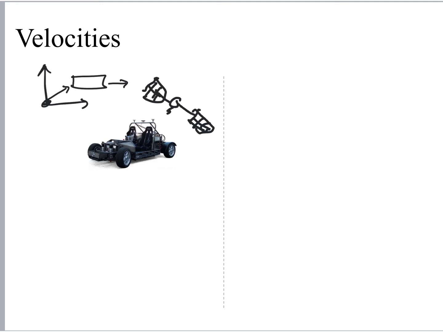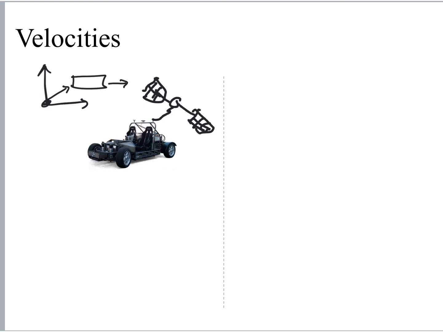The satellite sends a signal to the antenna. With it being far enough away, you can still receive the signal via the radio link, and you can figure out how far you are away from the satellites. And therefore, you can also differentiate that and figure out your relative velocity.